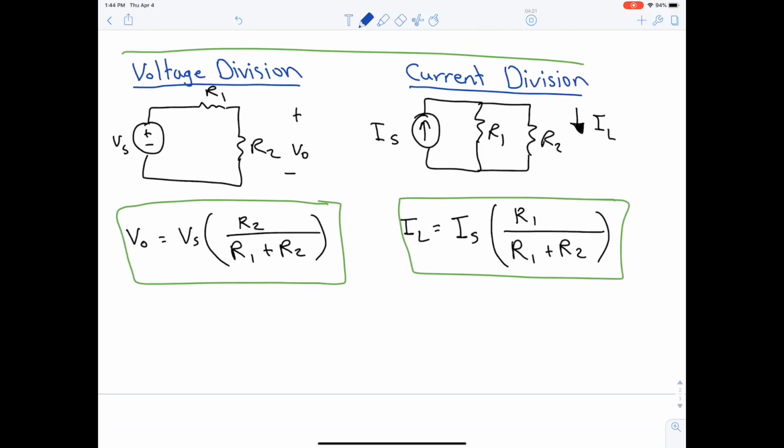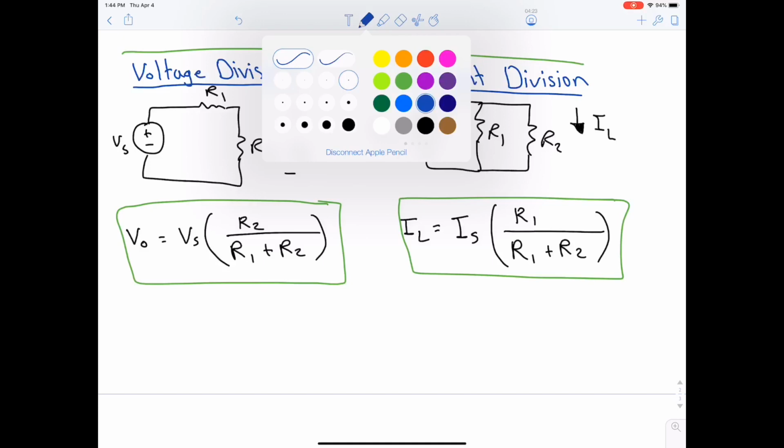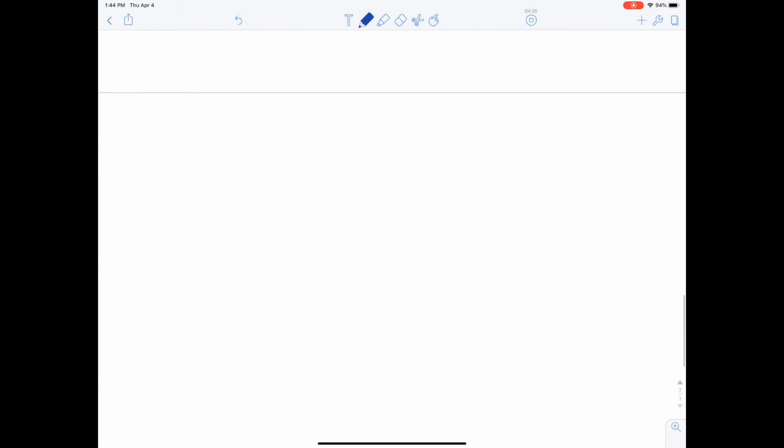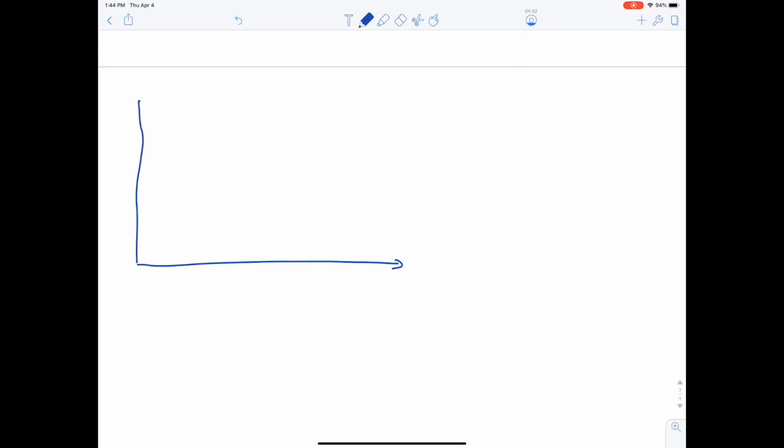Okay, let's go to another page. Now, a signal is a time-varying quantity where the information is represented by changes in magnitude as time progresses. So if we have a y-axis for voltage and an x-axis for time, what is a signal? It's a time-varying quantity.